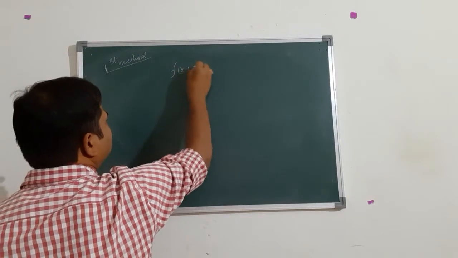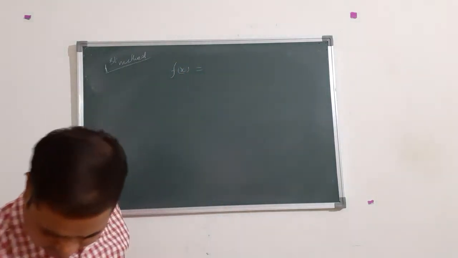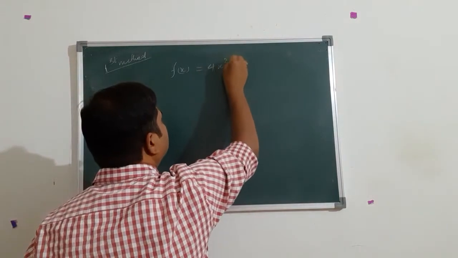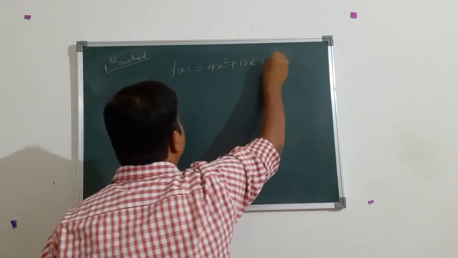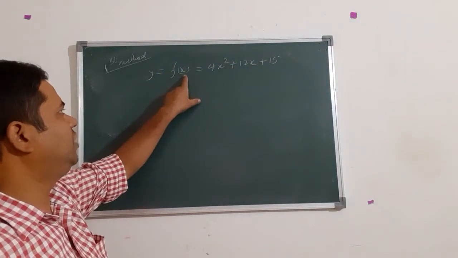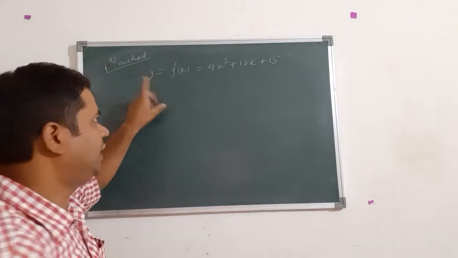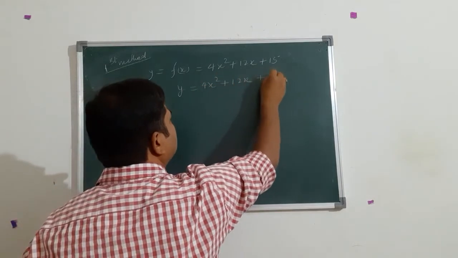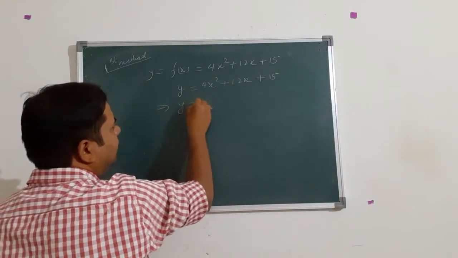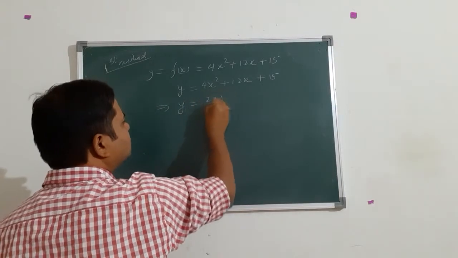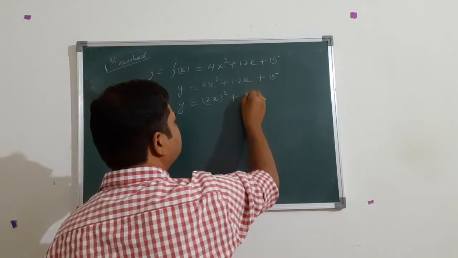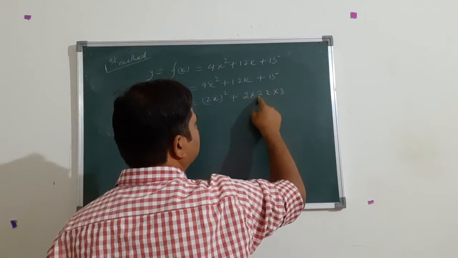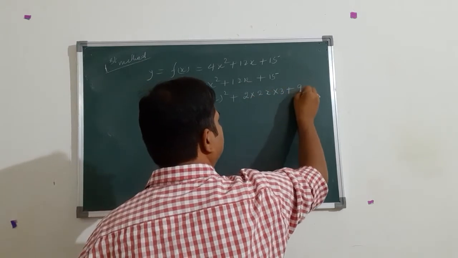So f(x) = 4x² + 12x + 15. Actually, this is y, and if we find the value of x, then this is f inverse of y. So y = 4x² + 12x + 15, and this is nothing but y = (2x)² + 2·2x·3 + 9 + 6.